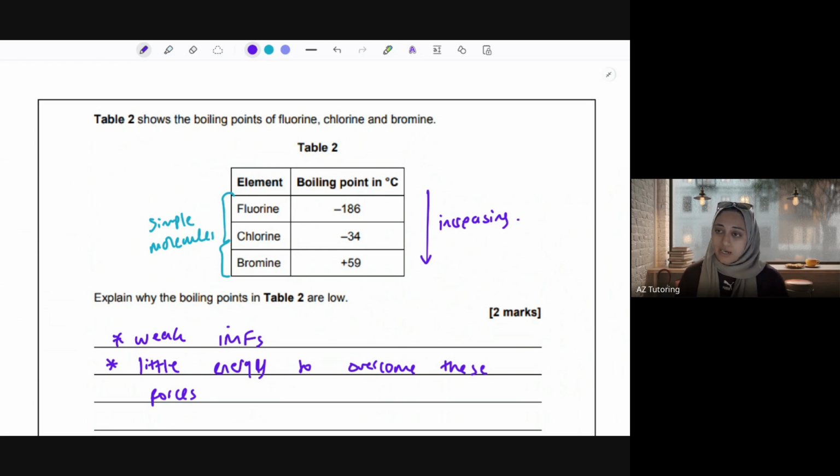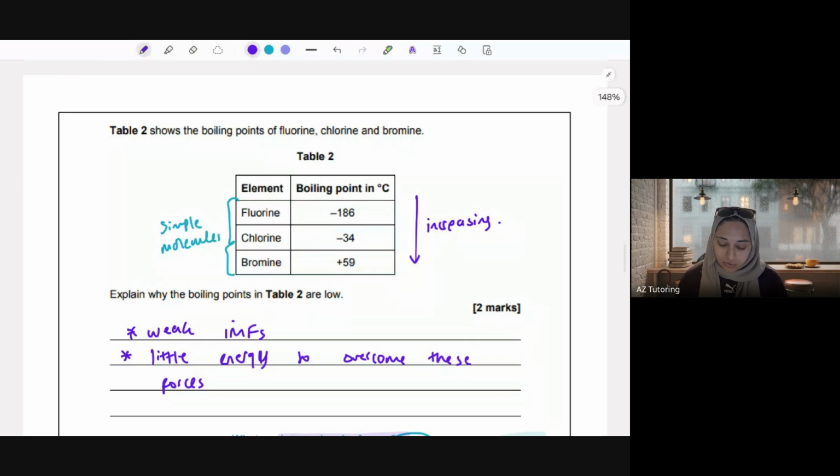You say the molecules get larger as you go down the group because there's more shells. If the molecules are getting larger, then you've got more intermolecular forces that you need to overcome. So therefore, boiling point is going to increase as you go down, because more energy is needed to separate the molecules. So that's a classic 3-mark question as well. They could ask you that.